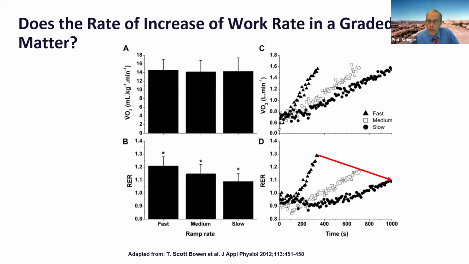So if you use an RER value of, say, 1.1 to say that the patient reached a maximal rate, you can see that you would actually be at the end of this test. You'd be in the middle of these 2 tests, right?